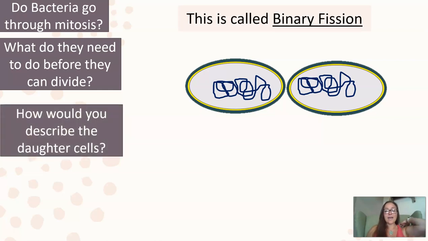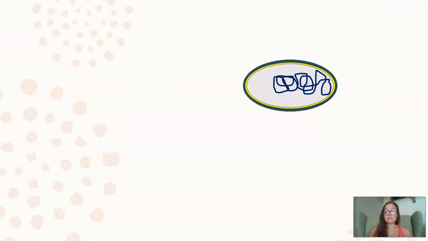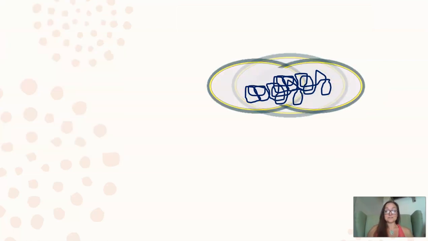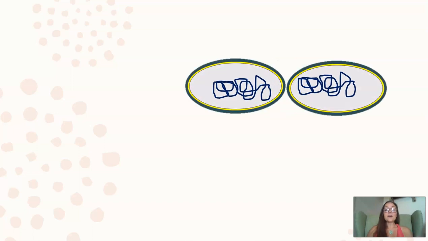So when we think about how we would describe these two daughter cells, well, they're identical, right? We just copied the DNA and divided it in two. So here you have identical daughter cells. And so in the process of binary fission, one bacterium can become 1,000 through exponential growth in just a few hours.